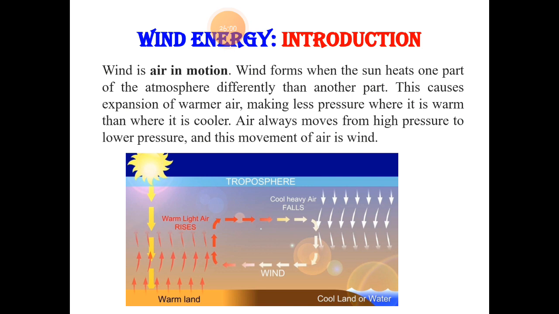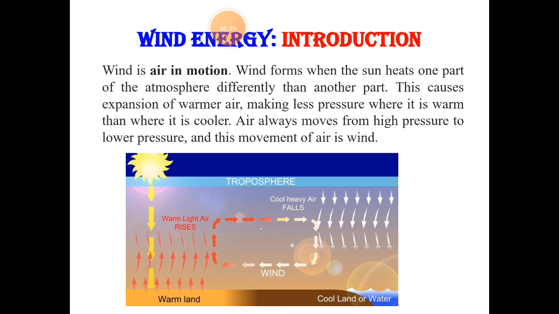When it moves up, in the area below there is a decrease in the air pressure. Now the air of high pressure starts moving from the neighboring location into this particular area.